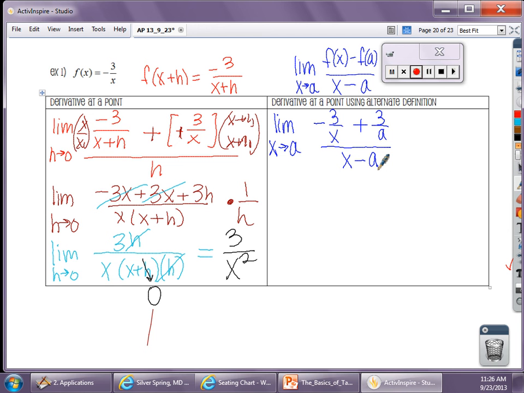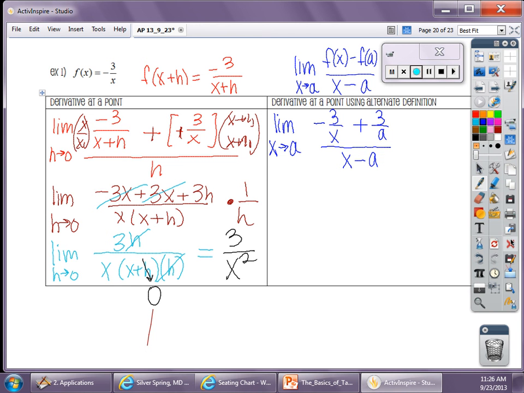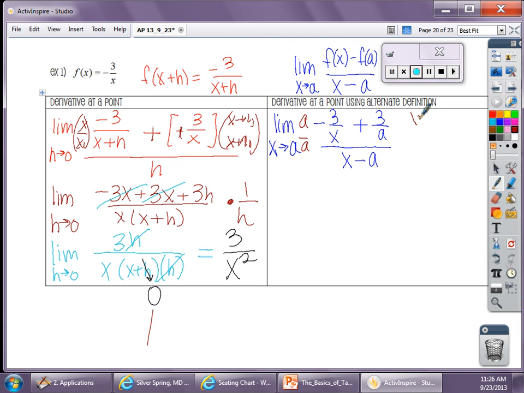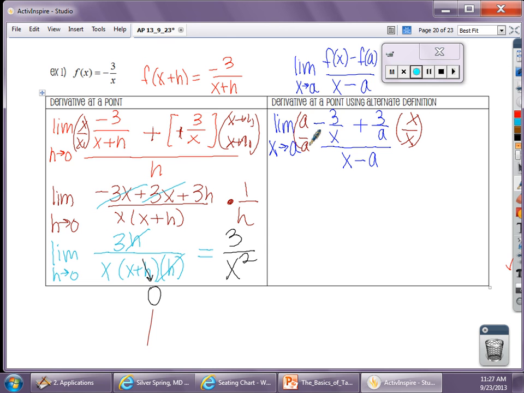Okay, so now we just simplify. Similar type of simplifying, common denominator. So multiply this by a over a. Oopsie, wrong color. A over a. Multiply this by x over x. Anyone lost? Confused? So there was a minus and a negative, so I turned it into a plus at the time.